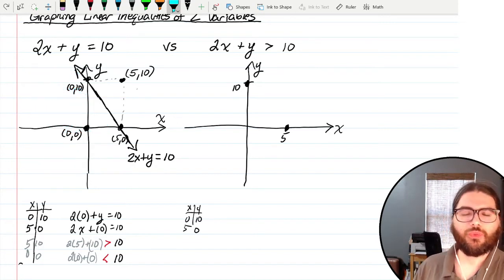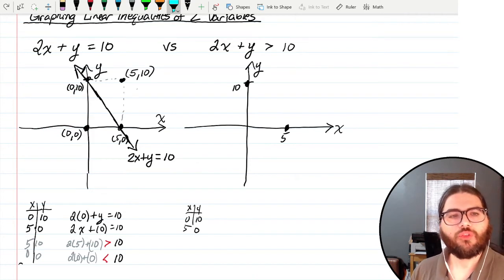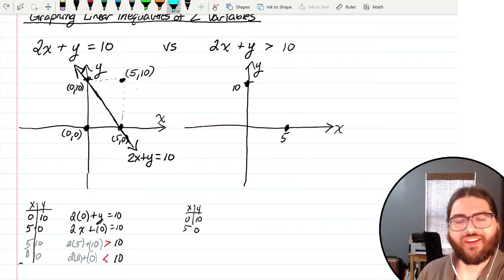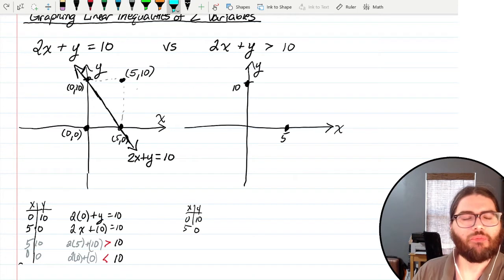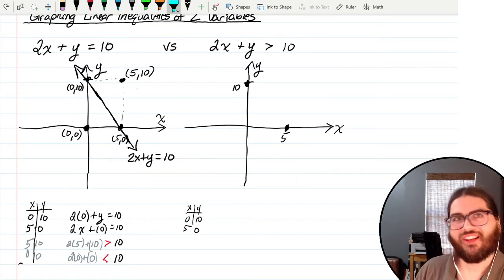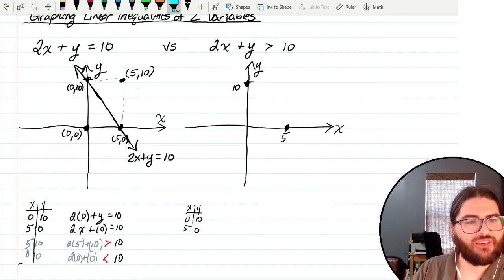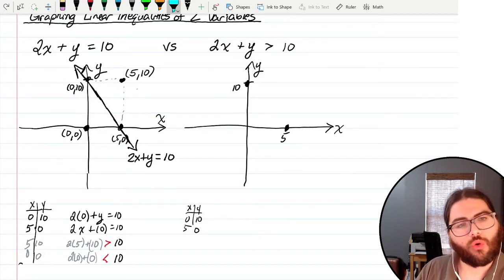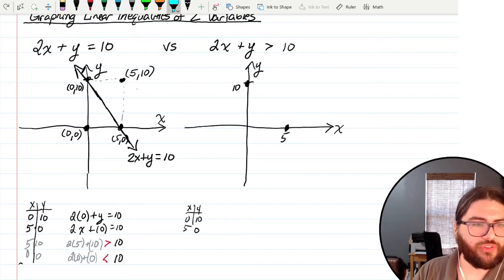A mathematician would say the line always splits the picture directly in half. I know it doesn't look like it, but because the picture extends infinitely in both directions, it's not incorrect to say this line splits the infinite in half. And there's always a less than side, there's always a greater than side, and there's always a line in between them, which splits it in half.